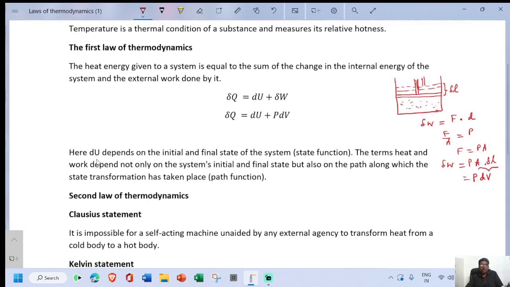Read out this. Here dU depends on the initial and final state of the system. The terms heat and work depend not only on the system's initial and final state, but also on the path along which the state transformation has taken place.